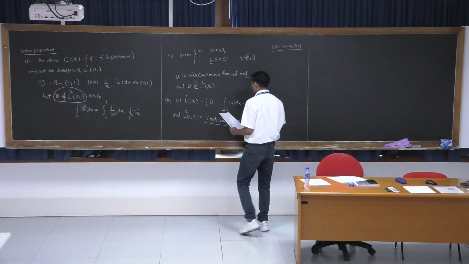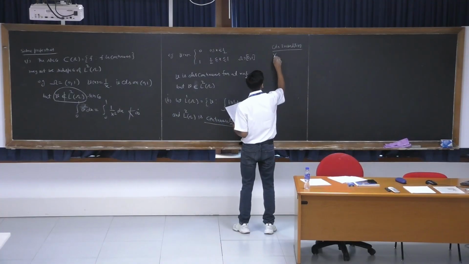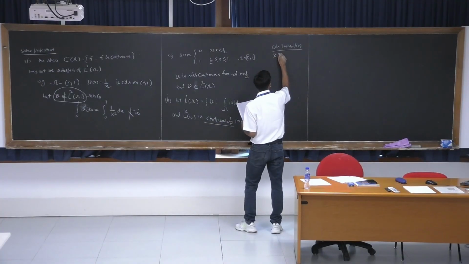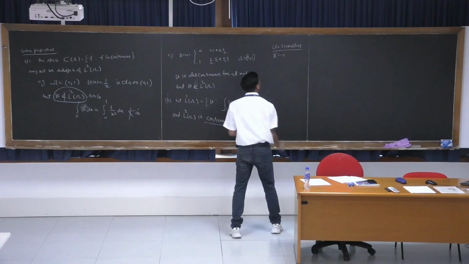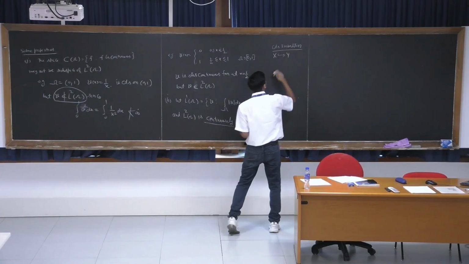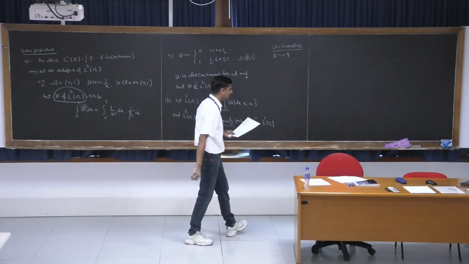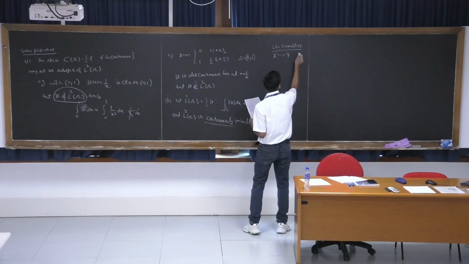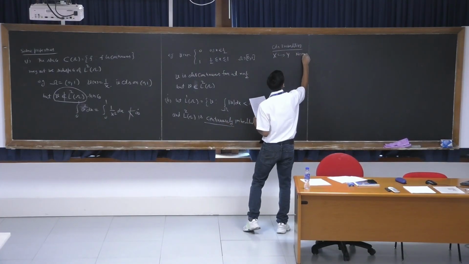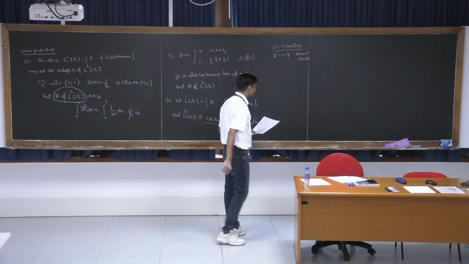Continuous embedding means two spaces, I am saying X space and its notation is like this: X is continuously embedded in Y. These are two norm spaces.